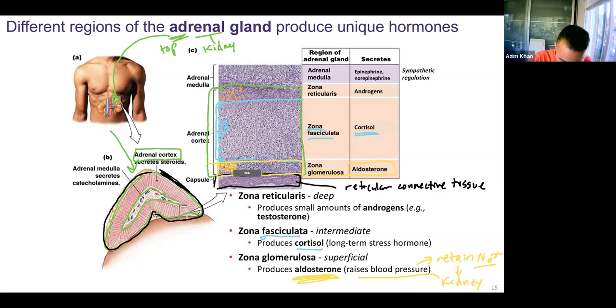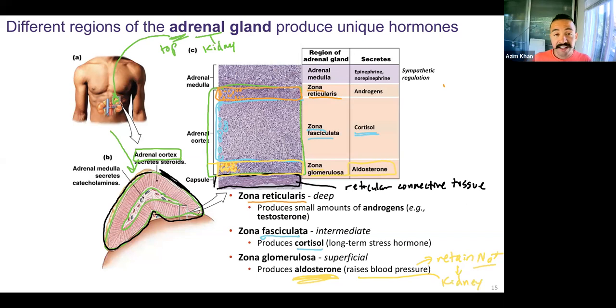The other part of the adrenal cortex, which I'm going to color in orange, it gets denser again, those cell bodies. It's a narrow portion towards the middle. This is zona reticularis. We've seen this word before, reticular, a very generic word that just means network-like.